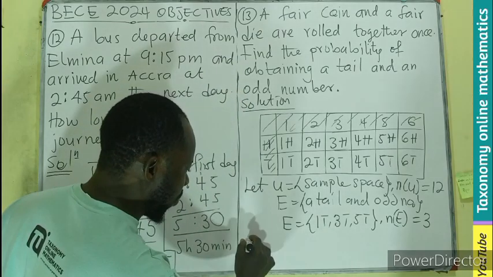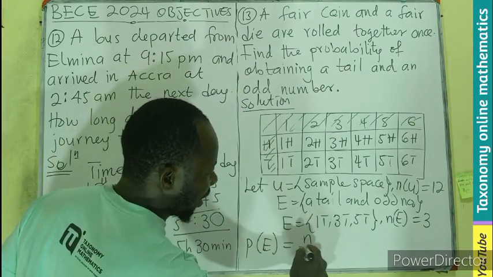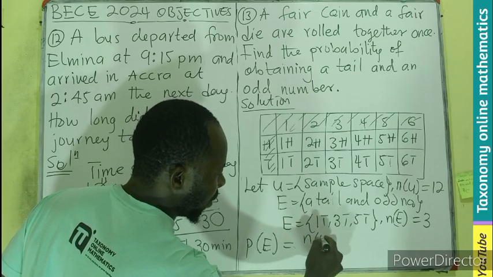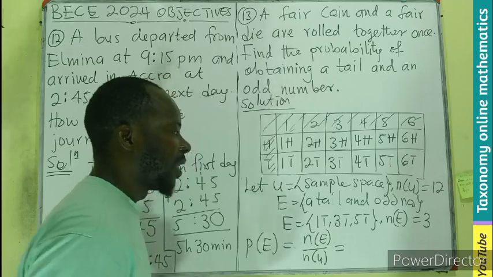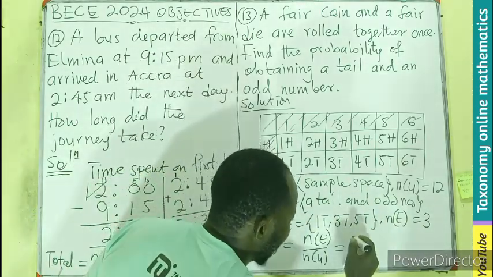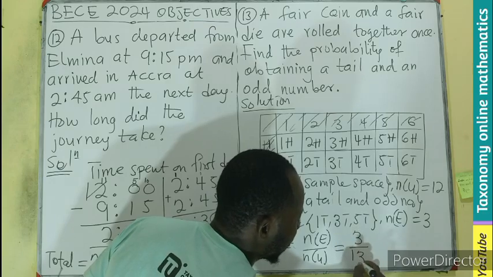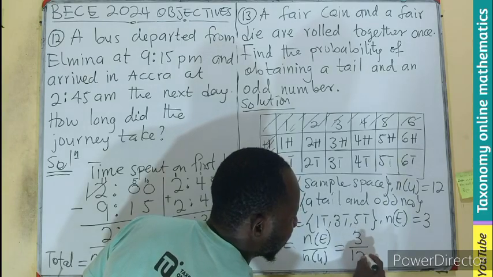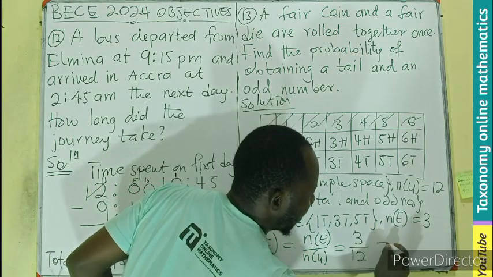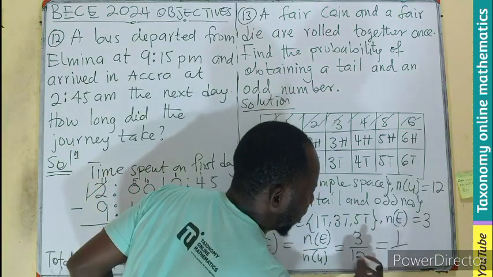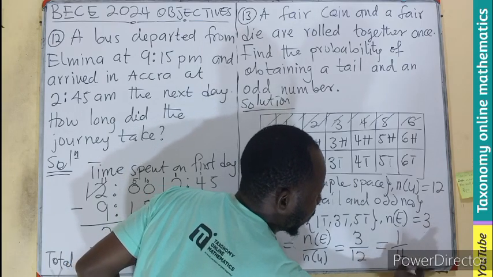That is 3. So now the probability of obtaining E equals the number of E divided by the number of sample space. And the E we have, there are 3. Then total sample space we have 12, right? So we can find out if there's a common factor between them, which will be 3. 3 goes into itself 1, and 1 goes into 12 4 times.